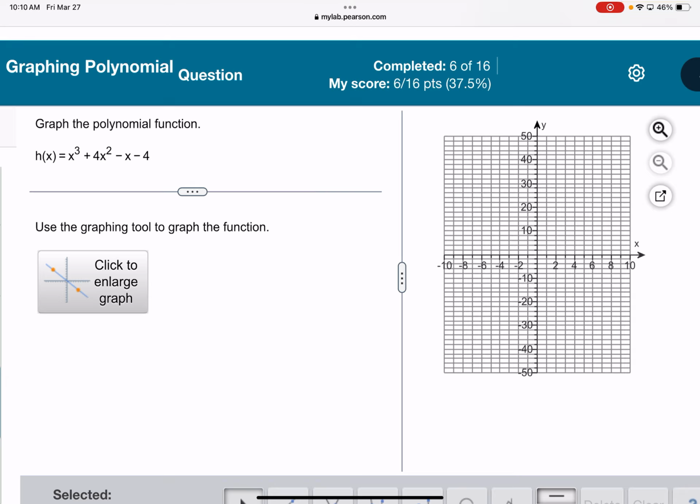By grouping, factor by grouping, because there's 4 terms, that's how I know that. So I factor the first 2 and I factor the second 2 terms. So the GCF of x cubed and 4x squared would be x squared. And that would leave me with x plus 4.